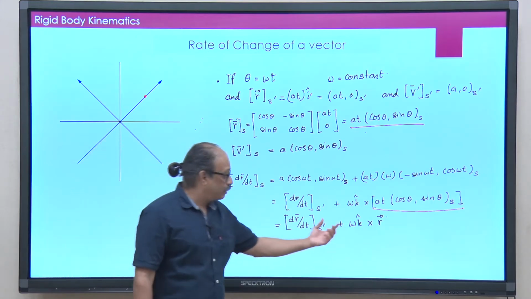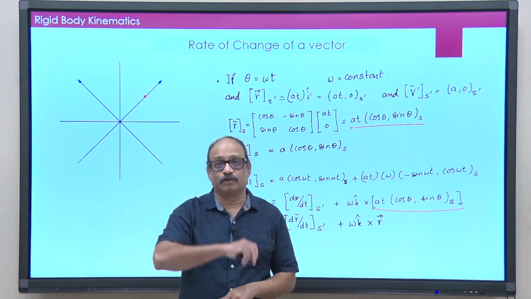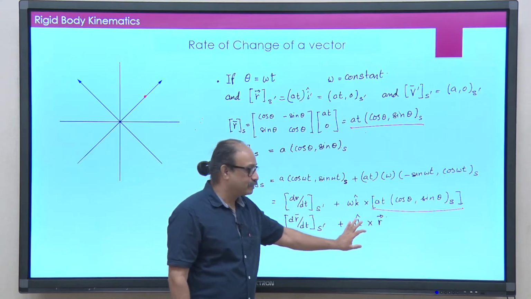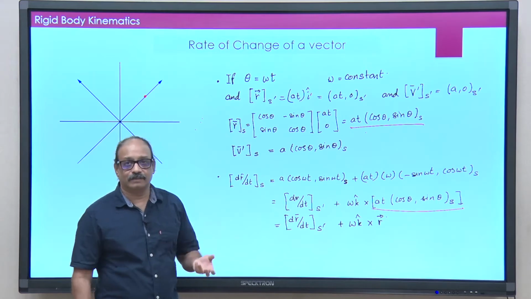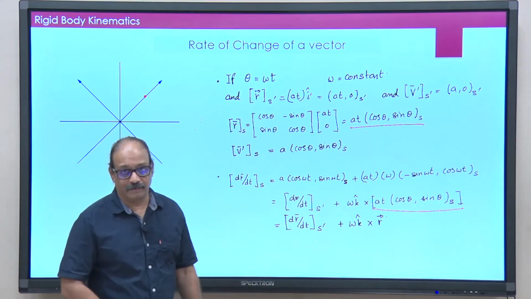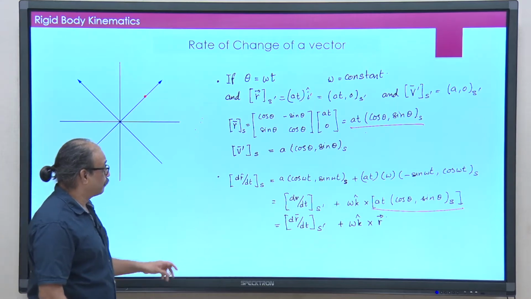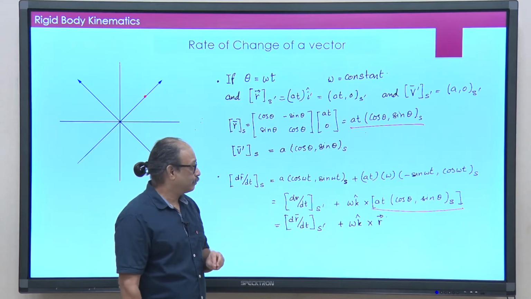So, this part here is essentially coming because the coordinate system is rotating. Otherwise, if omega is 0, then as I said in the first slide, the two velocities would be the same, only the components will be different. Now, this is a slightly tricky part, but you should remember this.